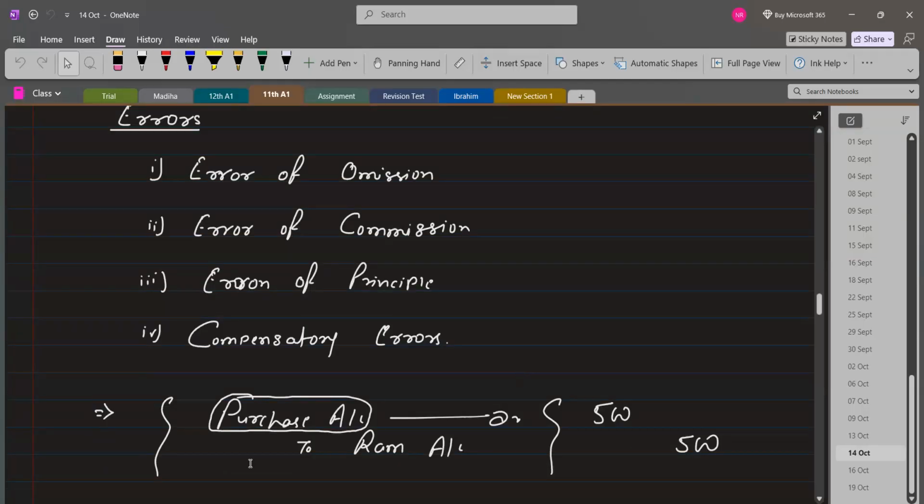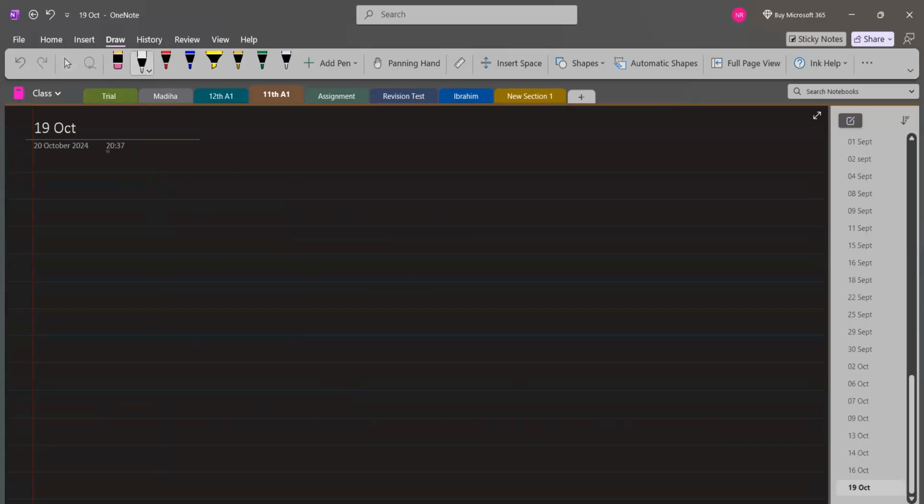Okay. So first of all, what is error? We should write it first. Then we will talk about what is rectification. This is a separate chapter and it is also part of proper journal. So, rectification of error. Now, first thing is, what is error?